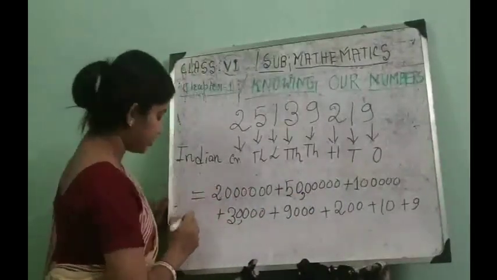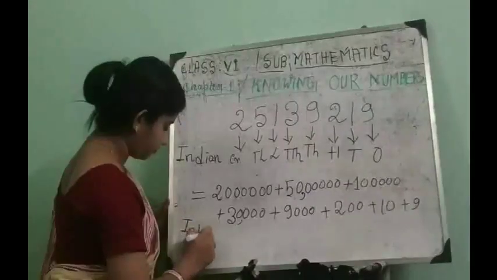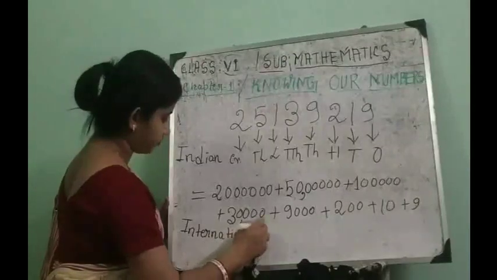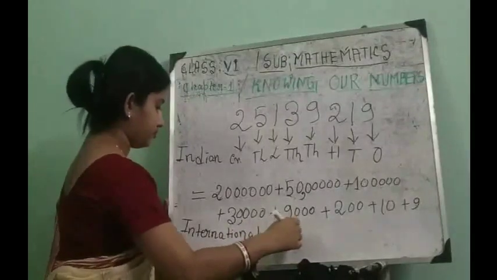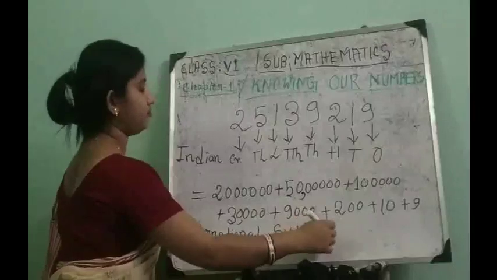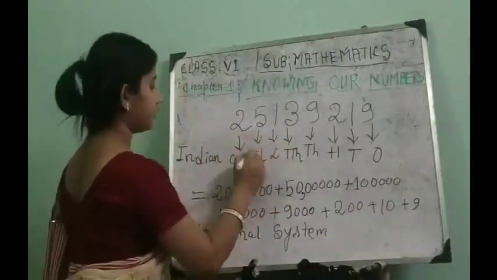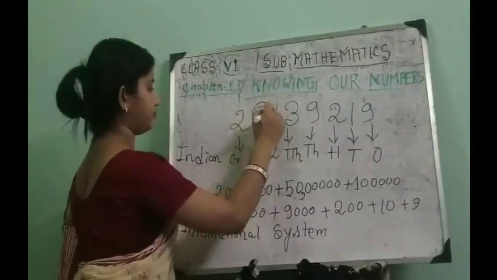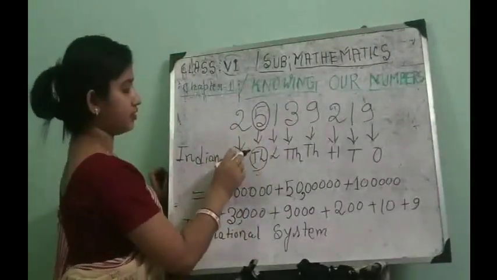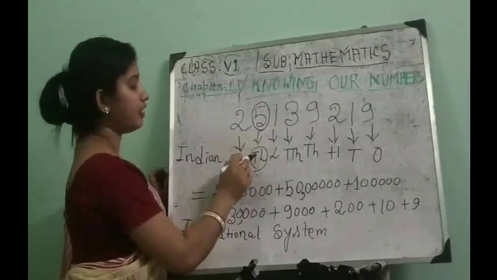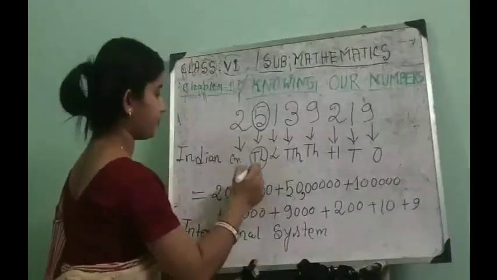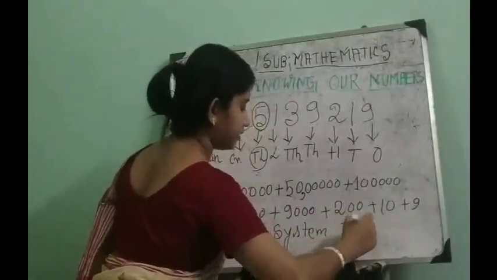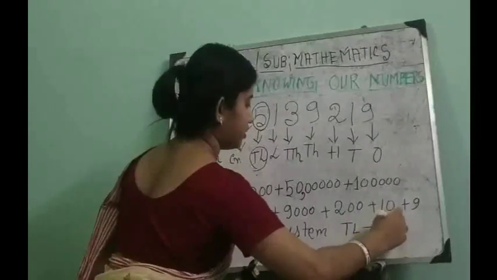And international system. This place value, that means 10 lakh. This place is called million. So in international system, 10 lakh, this place value is called million.